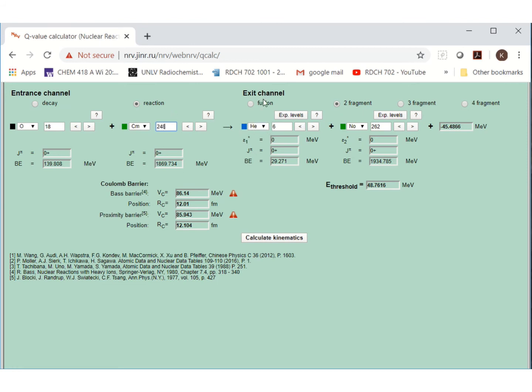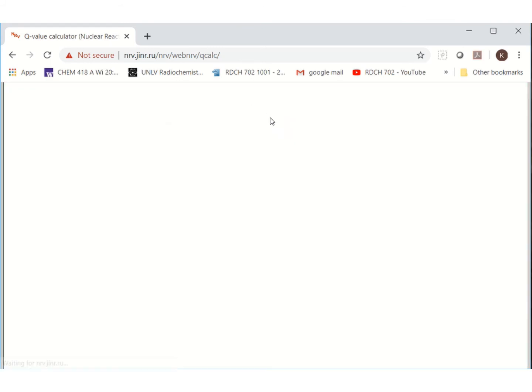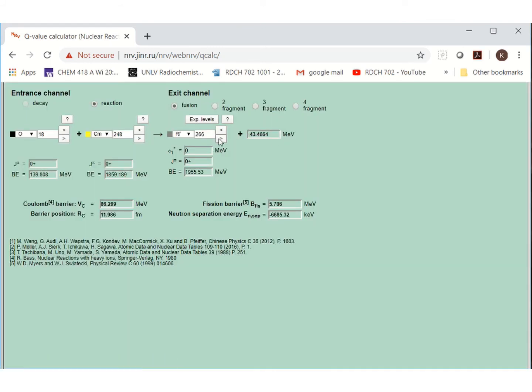And let's do a fusion. So it's only one, and we would make rutherfordium-266. And that's our Q value.